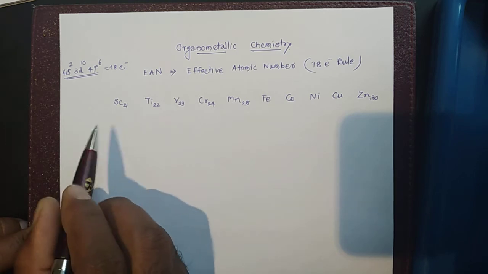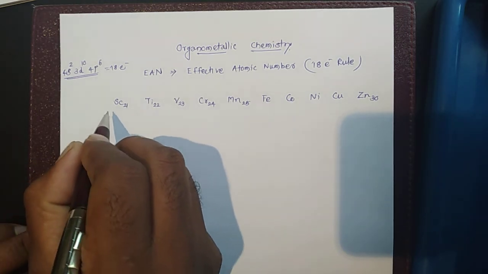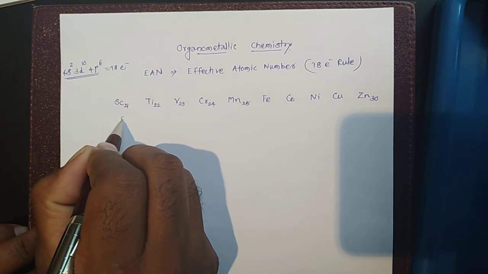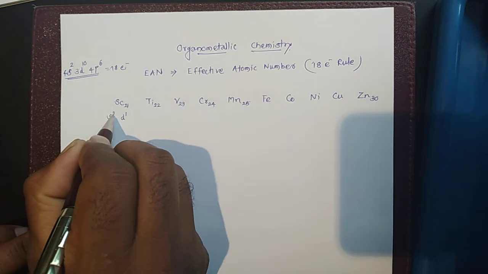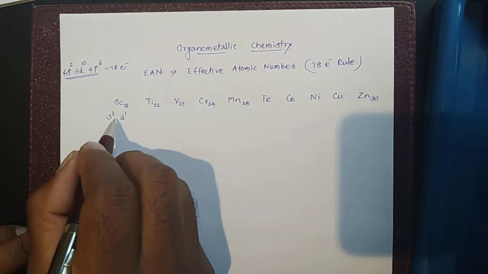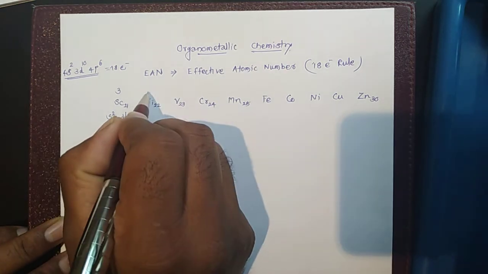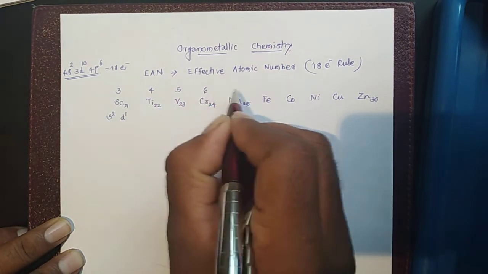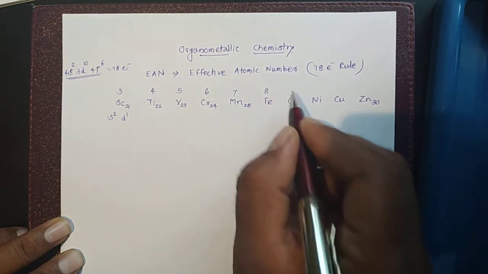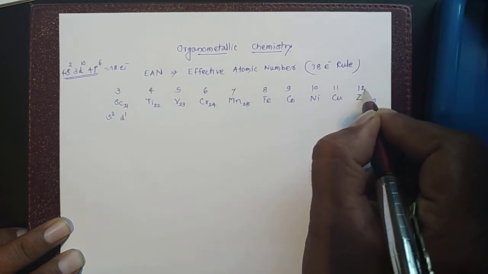In scandium you will find only 1 d electron and 2 s electrons, so the total number of electrons in scandium is 3. Titanium is 4, vanadium is 5, then 6, 7, 8, 9, 10, 11 and 12.